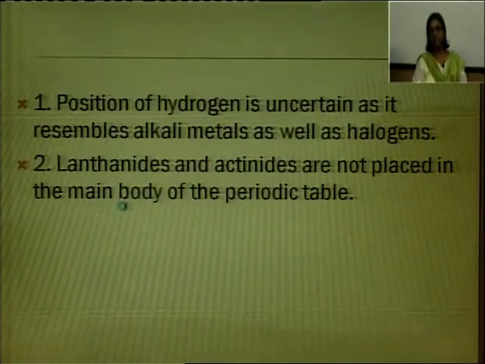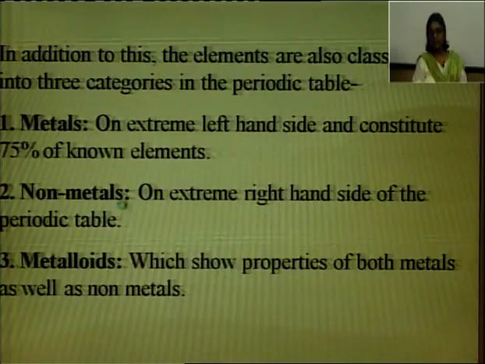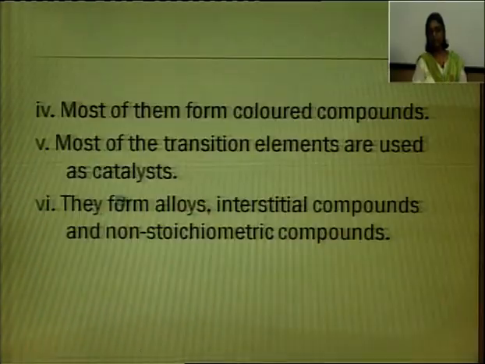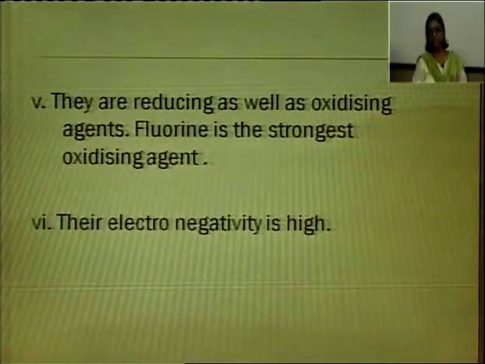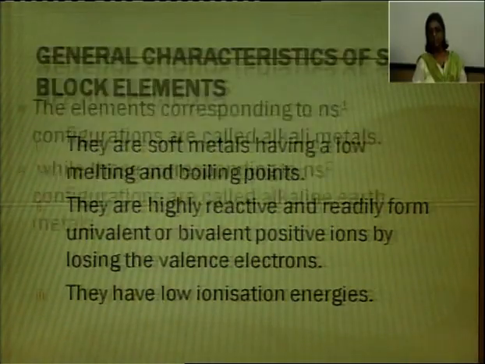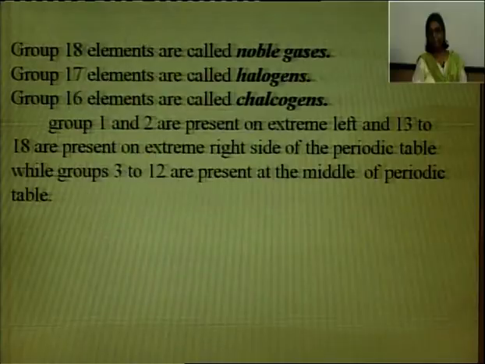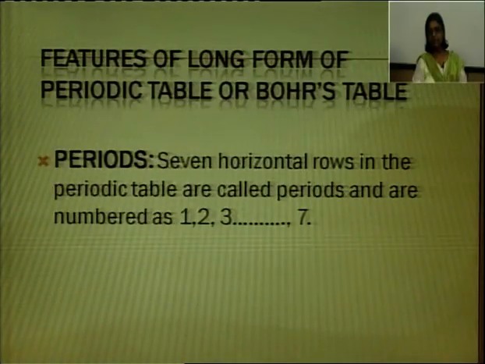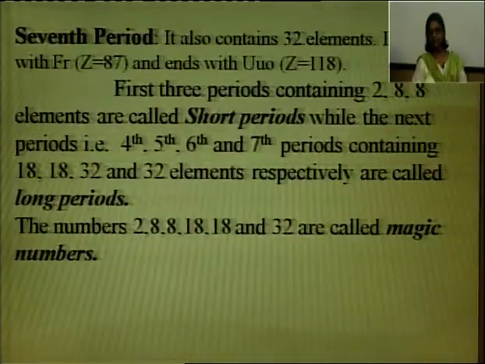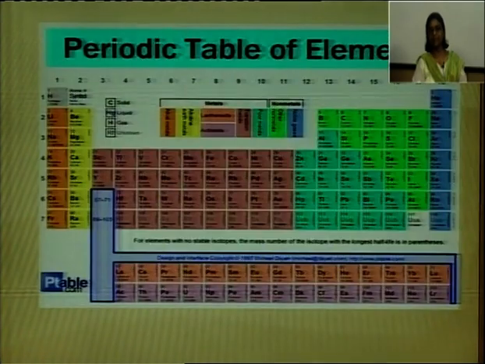Now, let us see once again the main periodic table, in which we can see the 4 groups, 4 blocks. Here it is. This is the place of hydrogen, which is with the alkali metals, because hydrogen has the configuration 1s1, but it has been placed according to its electronic configuration with the alkali metals.